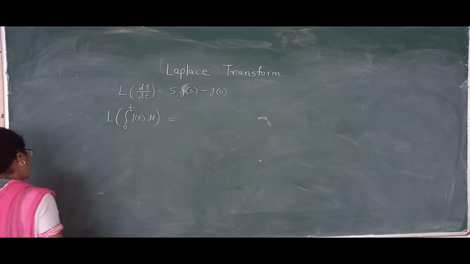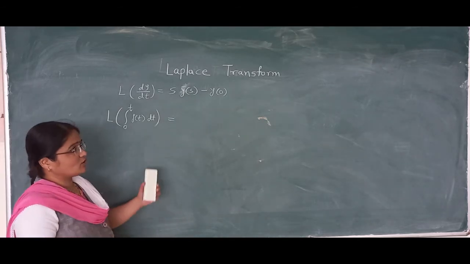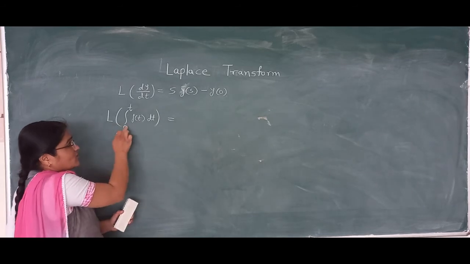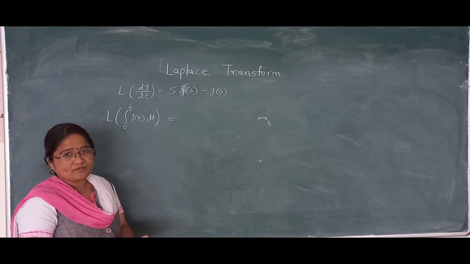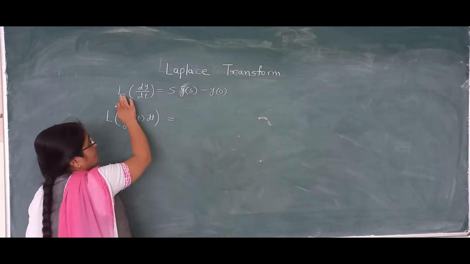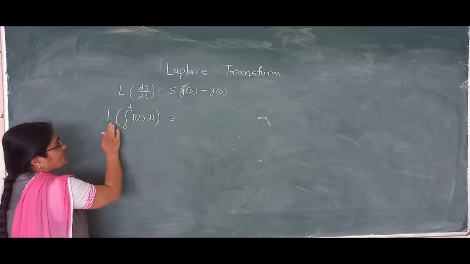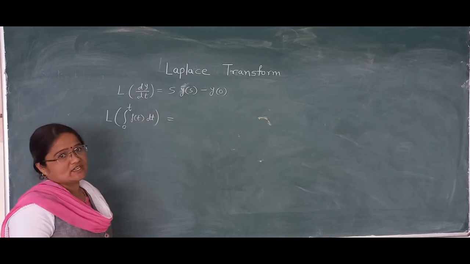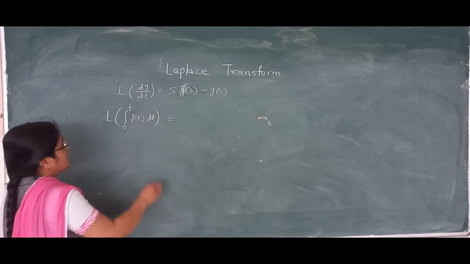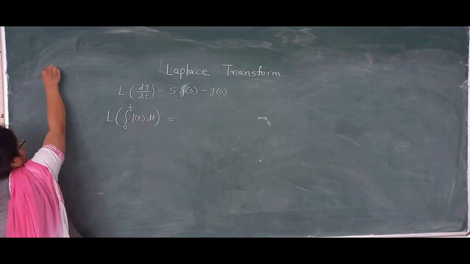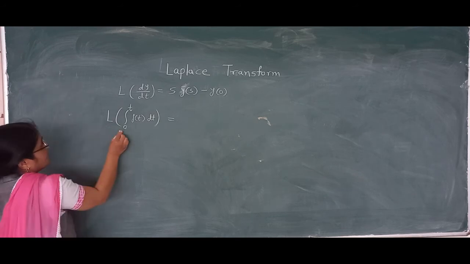What if we want to find out the Laplace transform of integration? If we are able to find out the Laplace transform of derivative, we should be able to find out the Laplace transform of integration. So the new property is Laplace of integral.